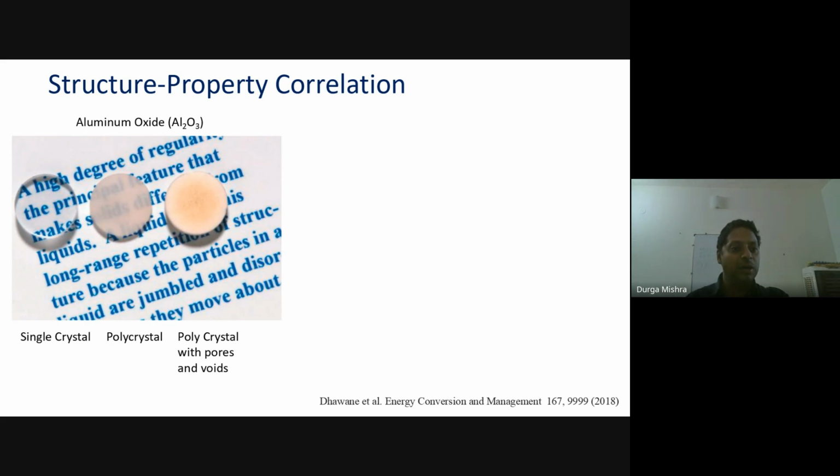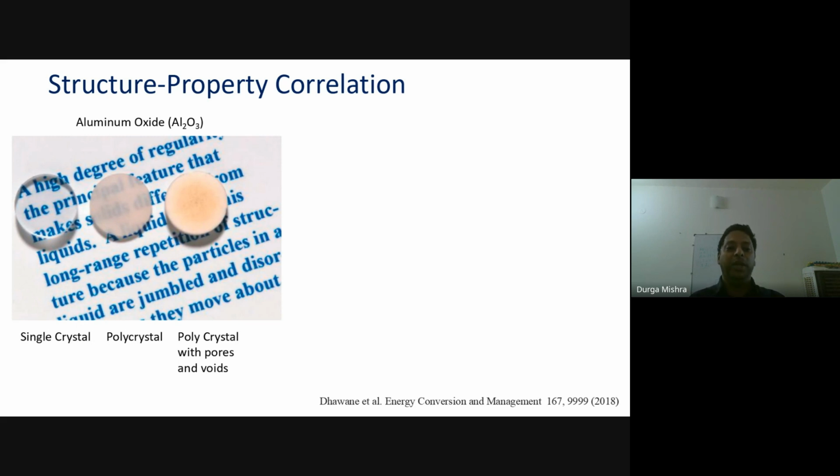The highly transparent one is a single crystal of aluminium oxide. We'll look at what single crystal means. Then the middle one, which is semi-transparent, is a polycrystal. That means you have many small crystals, but they are oriented in different directions.